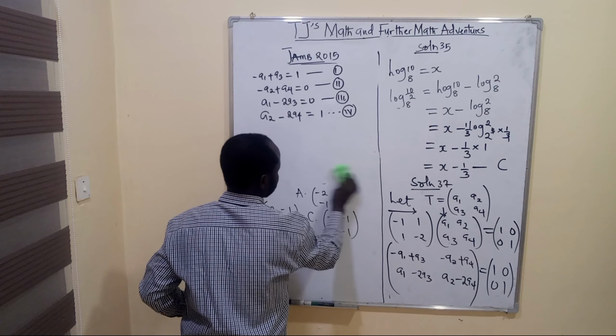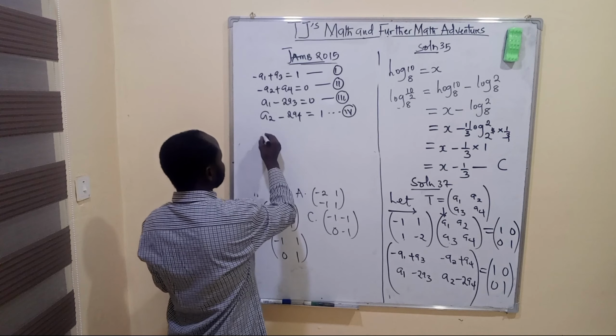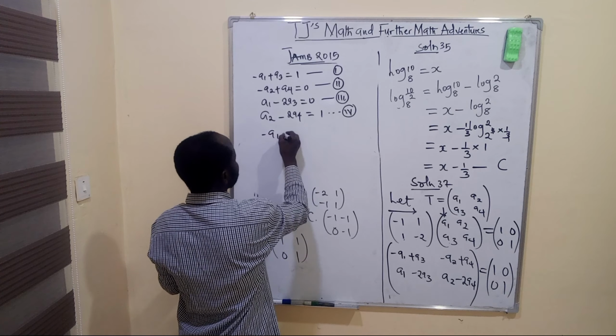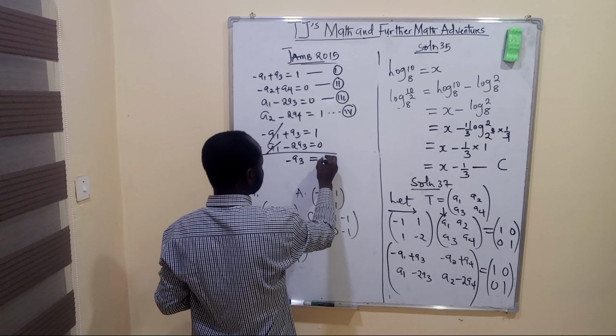You realize that by observation we can solve equation 1 and equation 3 simultaneously to find A1 and A3 respectively. Our equation 1 is minus A1 plus A3 equals 1. Equation 3 is A1 minus 2A3 equals 0. So we can add these so that we can eliminate A1. A3 plus minus 2A3 will be minus A3, which is equal to 1.